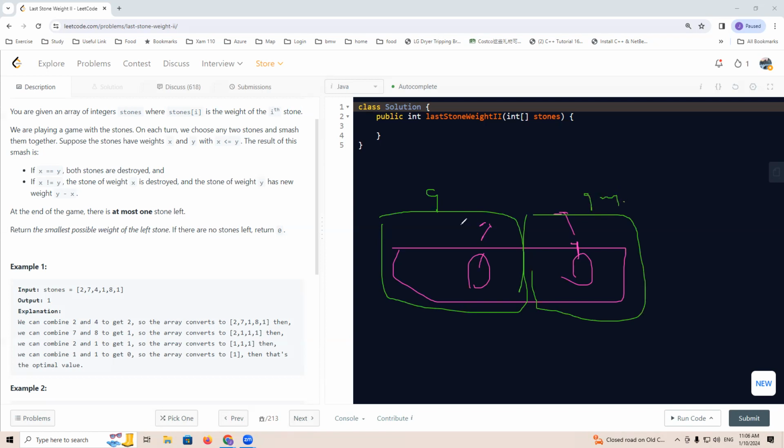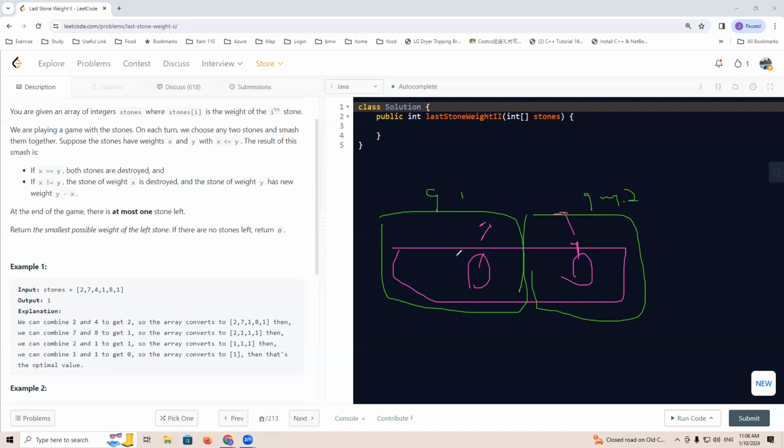We want to minimize the total last difference. That is actually minimizing the difference between group 1 and group 2.